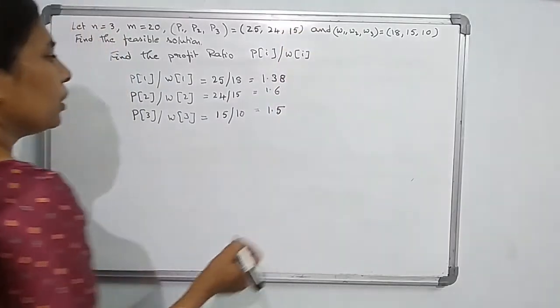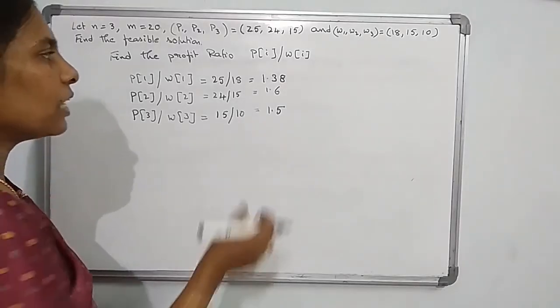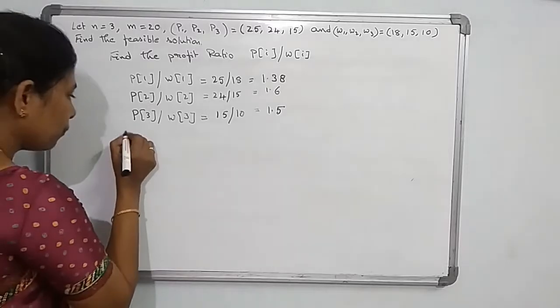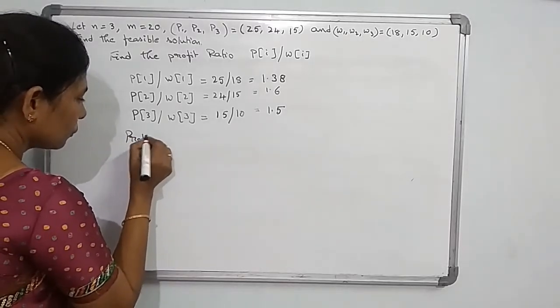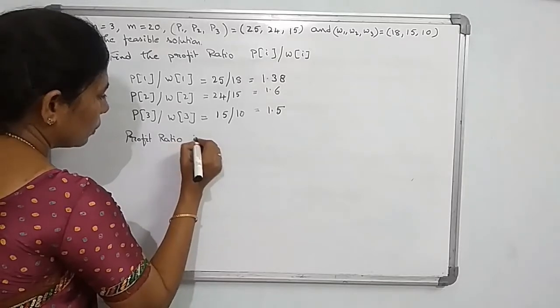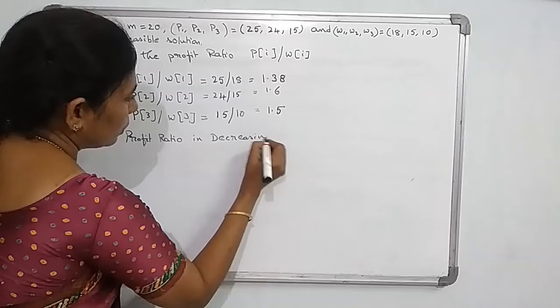So now we have the profit ratios. After finding the profit ratios, we must set them in decreasing order.